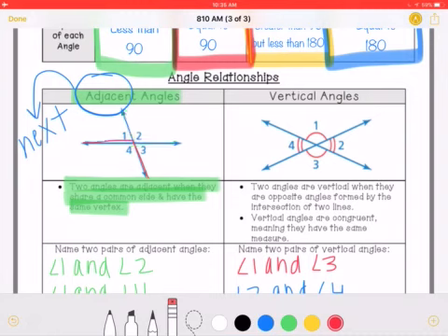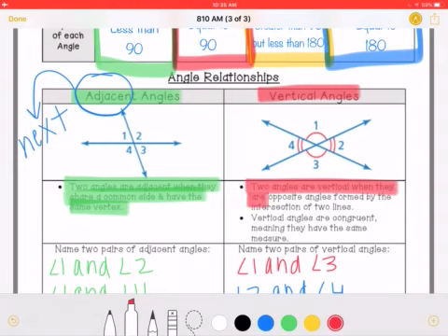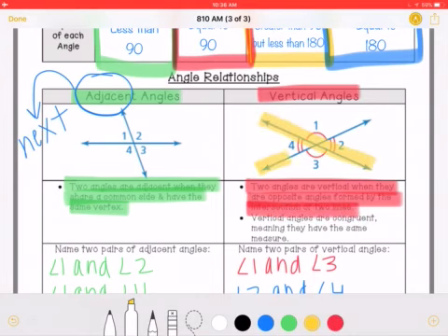Next, let's talk about what if two angles are vertical to each other. So vertical angles are opposite angles formed by the intersection of two lines. So in this figure, we have two intersecting lines. This line is crossing over, intersecting with this line.